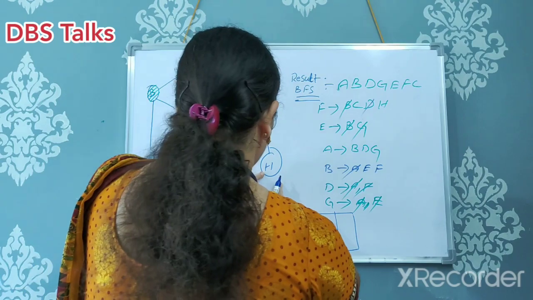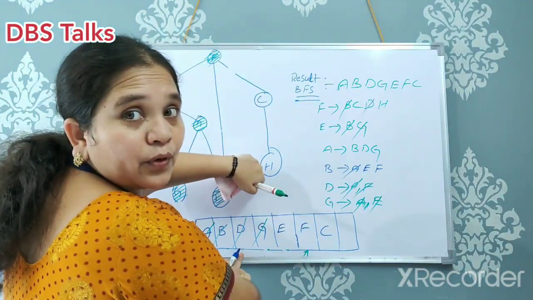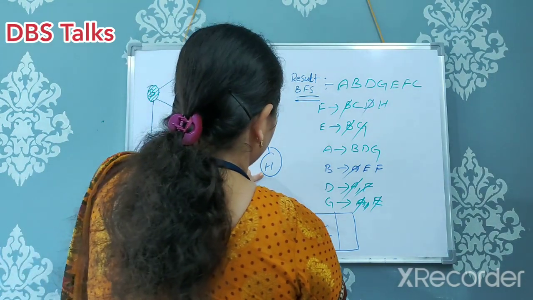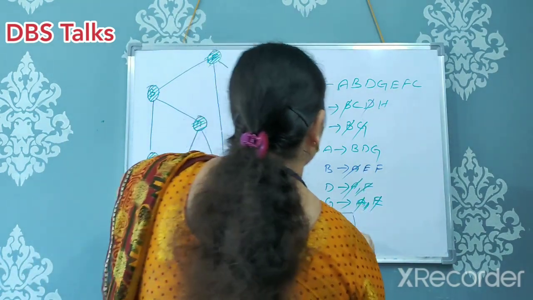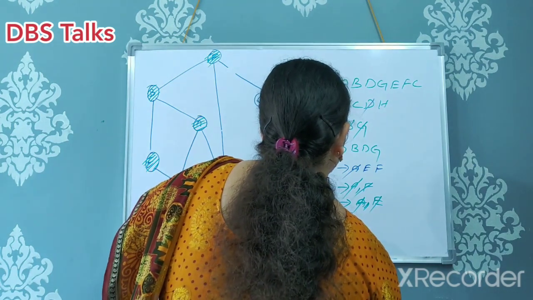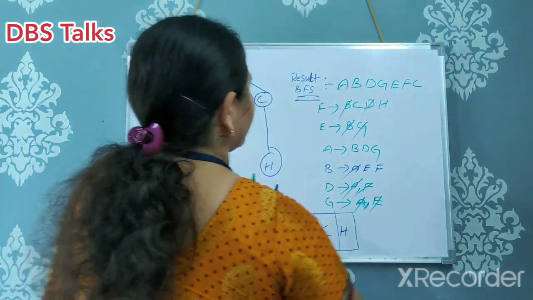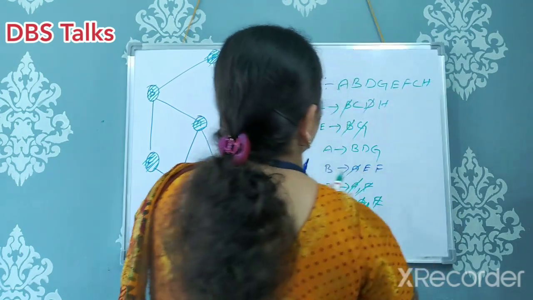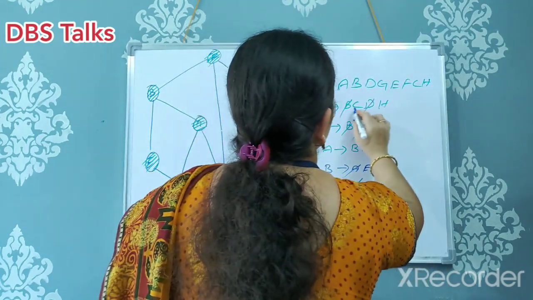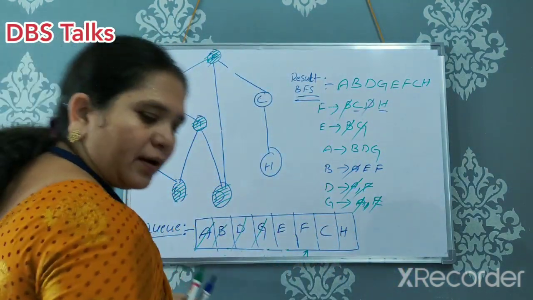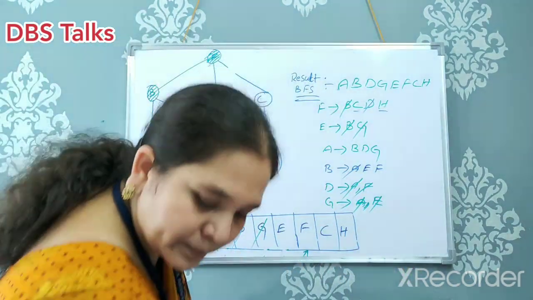Next one, H. H is not in the queue, so it is an unvisited vertex, and we insert H in Q. So C and H, these two we need to insert. Next, what is the next one?